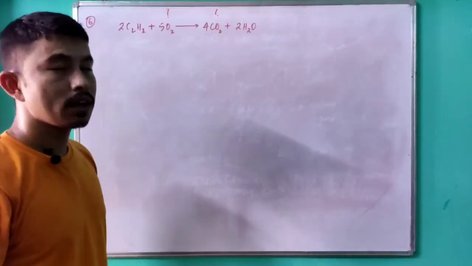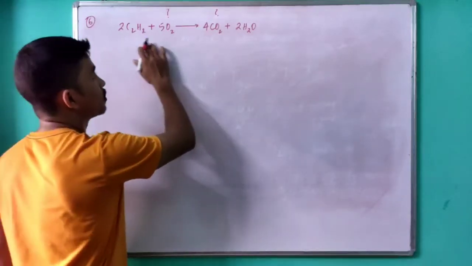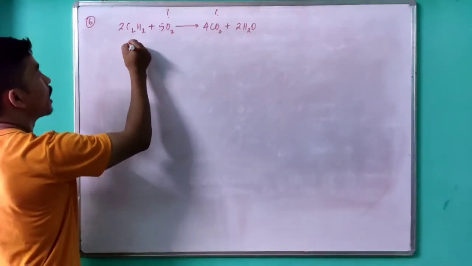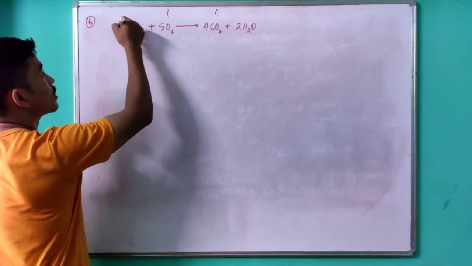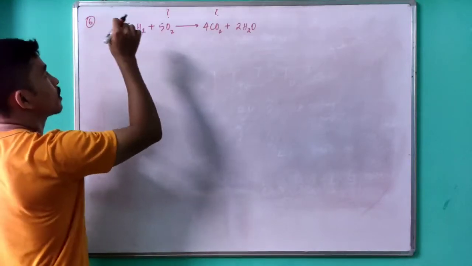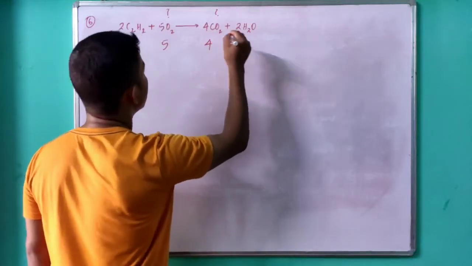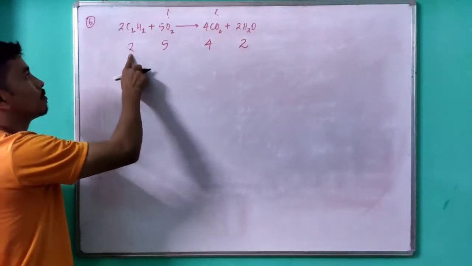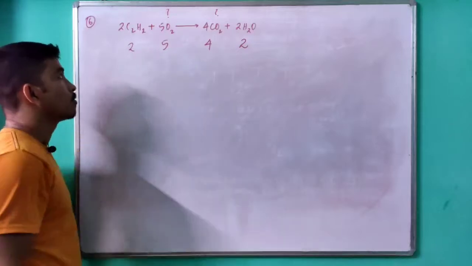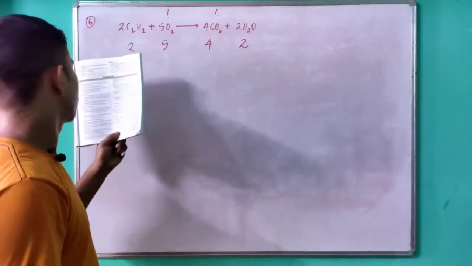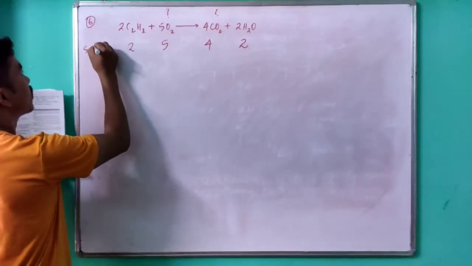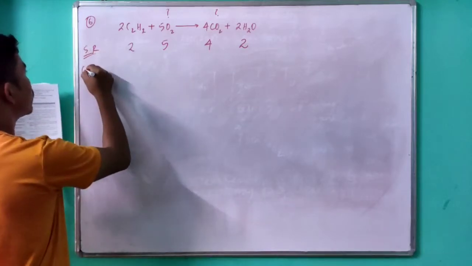Before starting, let us see the simplest ratio. I'll take the numbers in front of the given compounds. Here I have 2, there I have 5, there 4, and here 2. So clearly 2 volumes of acetylene combine with 5 volumes of oxygen. This is the simplest ratio. Now what is given in the question?